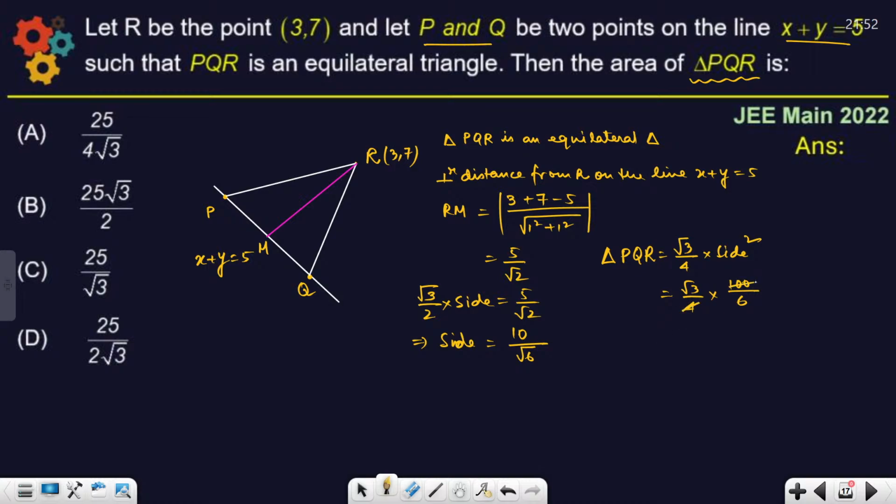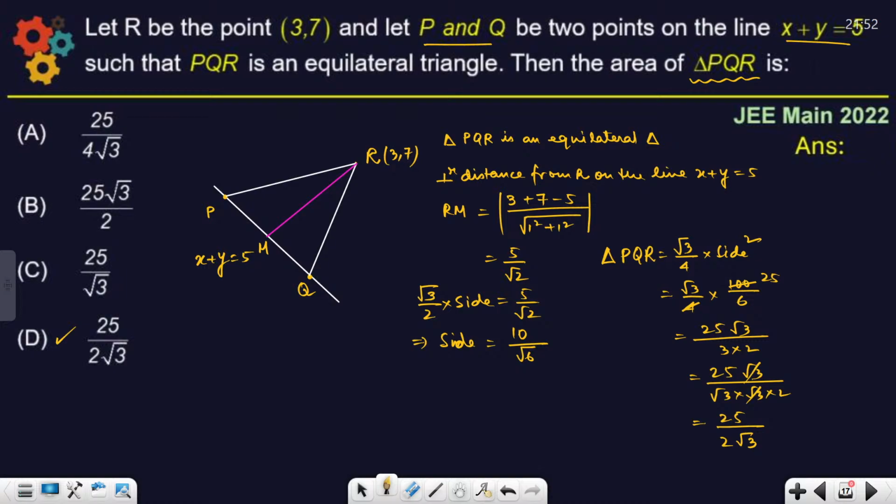So cancel this, 25. 6 can be written as 3 into 2. So we can write this as root 3 into root 3 into 2. So root 3 goes off. So it's 25 divided by 2 root 3. Hence your option D is correct.